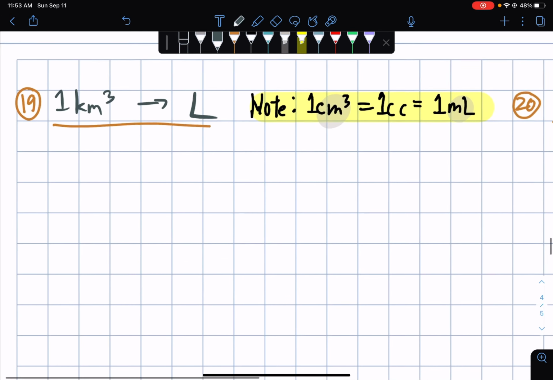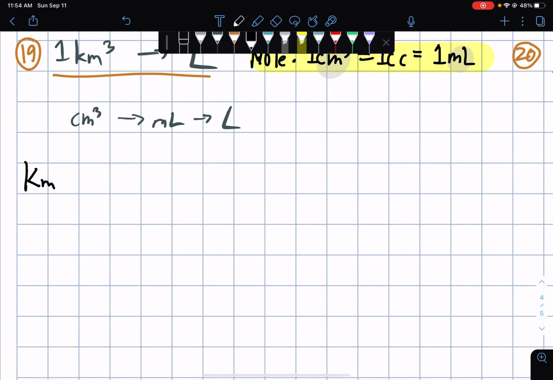Alright, let's move to number 19. So from kilometer cube or cubic kilometer to liters, first, since you have kilometers, we should convert it to cubic centimeters, right? And so we could convert it to ml, and later on we can convert it to liters. So this looks like a wise strategy. So let's start. Km, hm, don't forget the cube, by the way. dm cube, m cube, dm cube, cm cube.